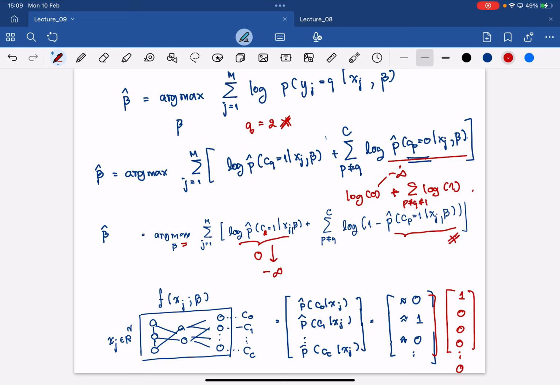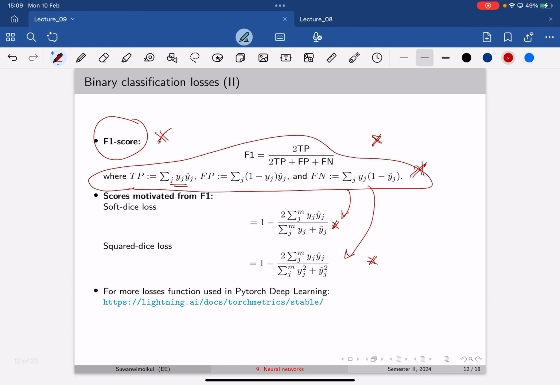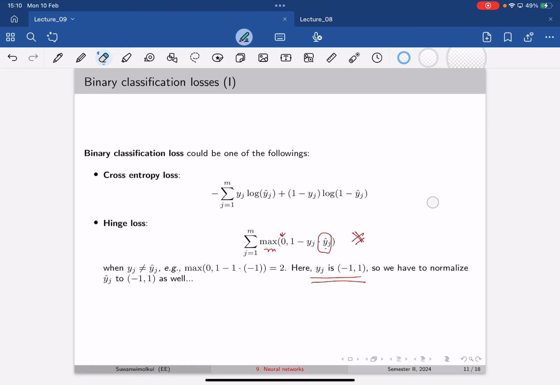And this looks like the binary cross entropy that we've learned before, this function. If we get the correct class, if y is equal to 1 and you predict 1, but this is a loss, so it's negated, then this goes to 0.